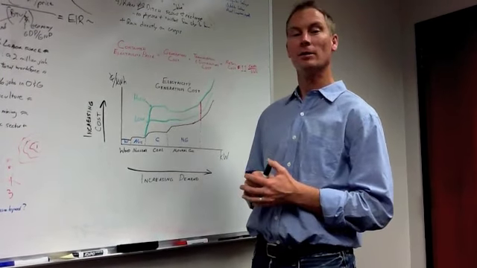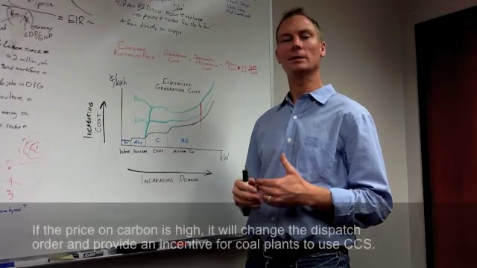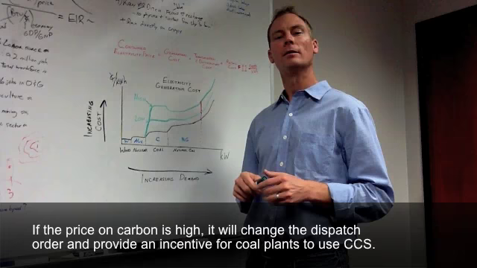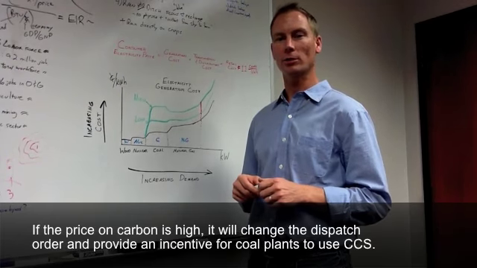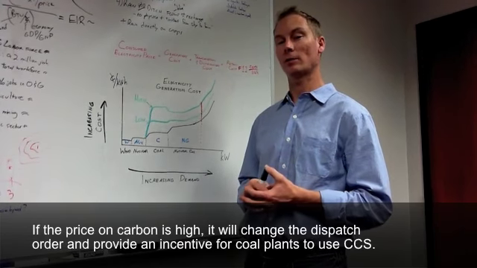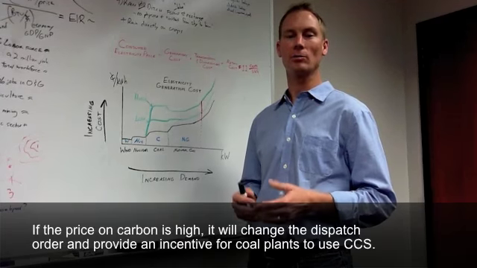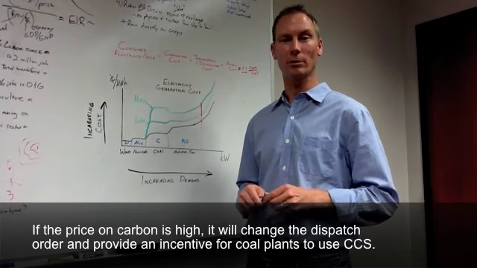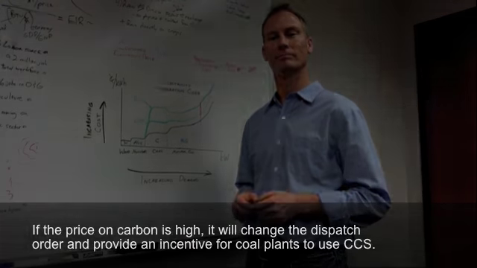And in this case, the coal-fired power plants would now be incentivized to invest in carbon capture and storage, in order to lower their operating costs below that of natural gas-fired power plants so that they can continue to be dispatched on the electric grid and sell electricity.